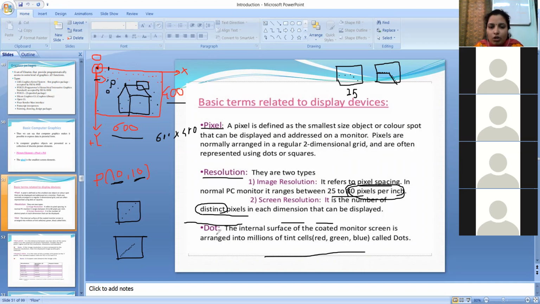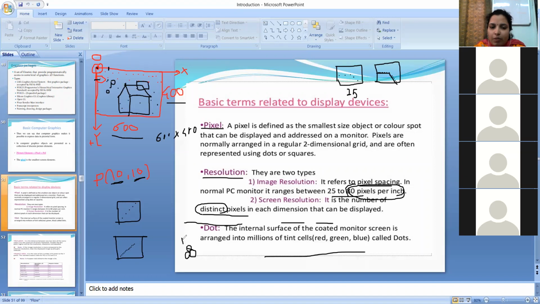Next concept of computer graphics is dot. If I want to display any image, it has 3 colors in it. That 3 color format is called RGB: red, green, and blue.